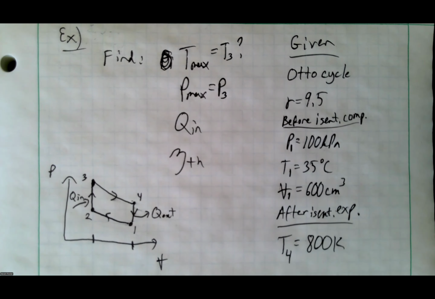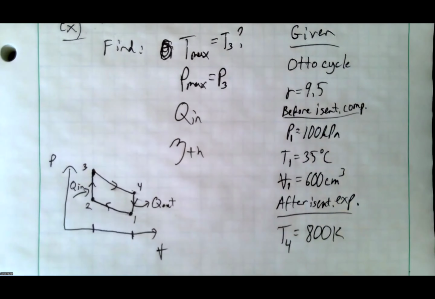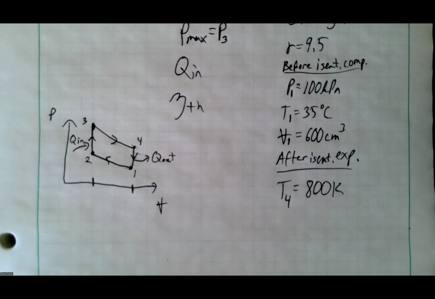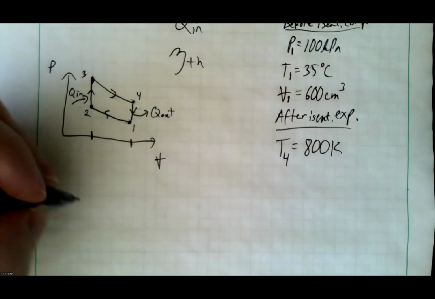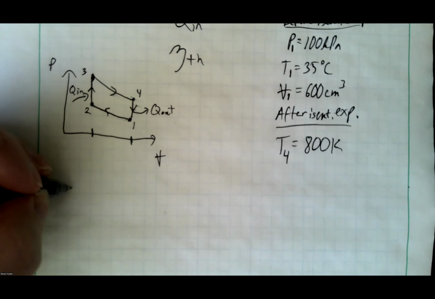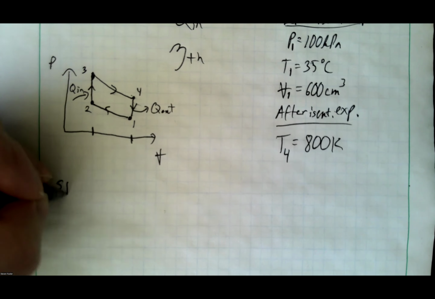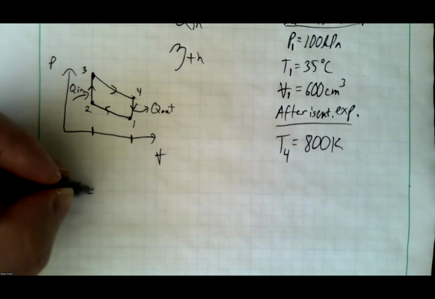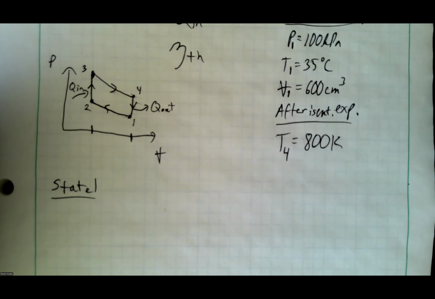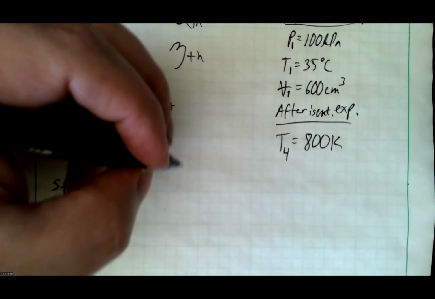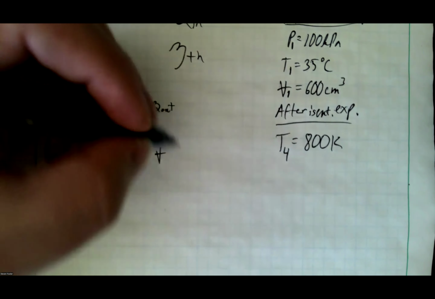So with that in mind, before I start tackling these things, I find it helpful, though you wouldn't necessarily have to do this when solving the problem, when I'm first explaining an Otto cycle problem, to talk about the four different states. We did something like this when we talked about isentropic efficiency, because there were three different states there.